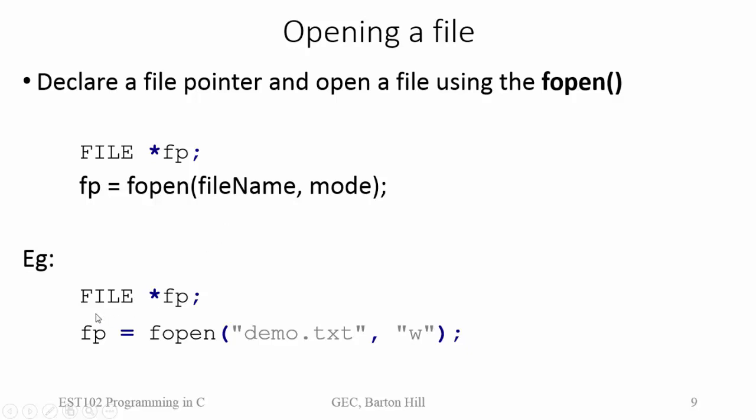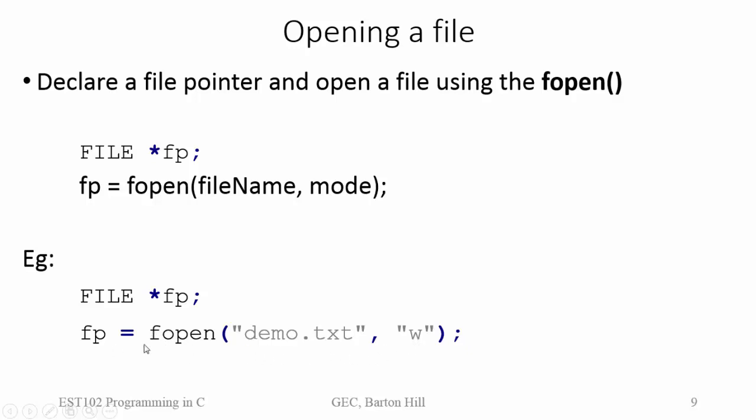So if we see an example here, FILE is the structure type. So it is FILE, then fp is the pointer, so star fp. Then I have given fp is equal to fopen of, then inside double quotes the name of the file, and comma, then inside double quotes I have given the mode. That means to open demo.txt in write mode.